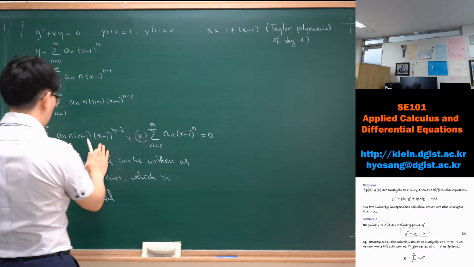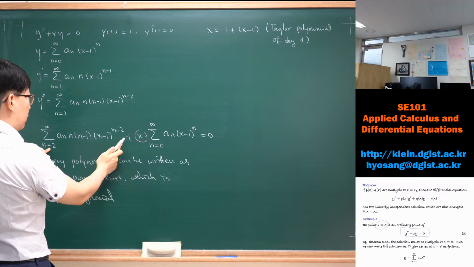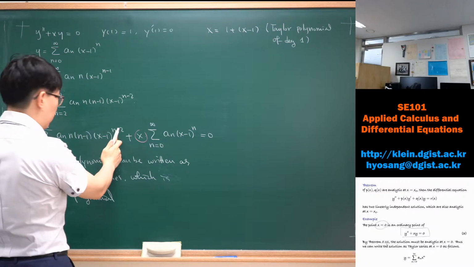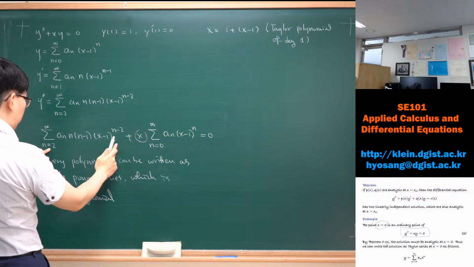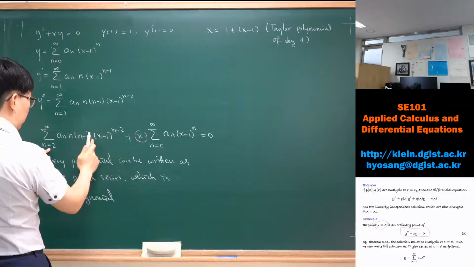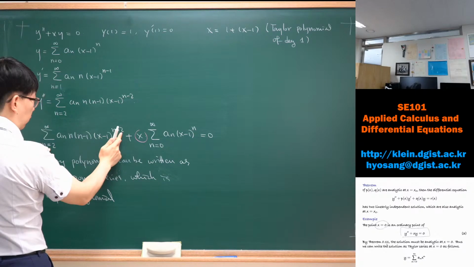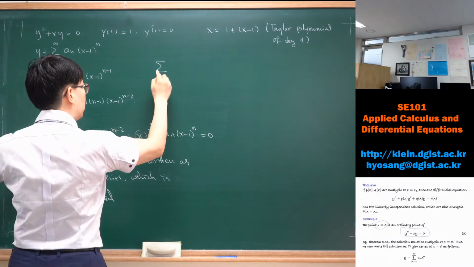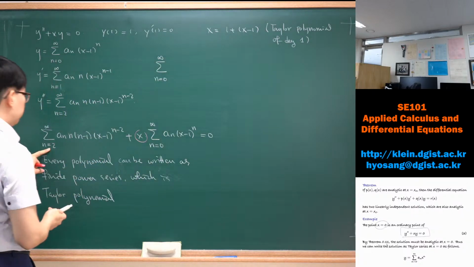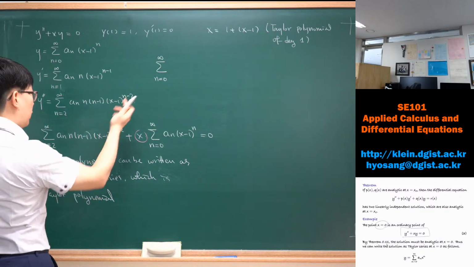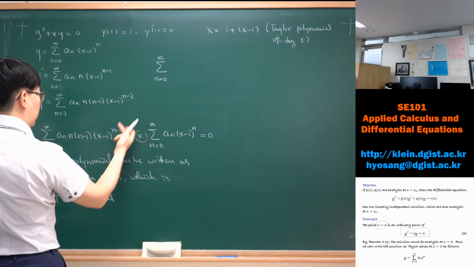Okay, let's try to make my index start from 0, because if you look at the y double prime series expansion, the power of the term starts from 0. So I want to write n as the power, and let's use it as the index for the power here.